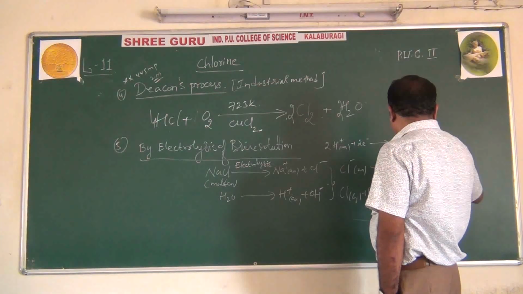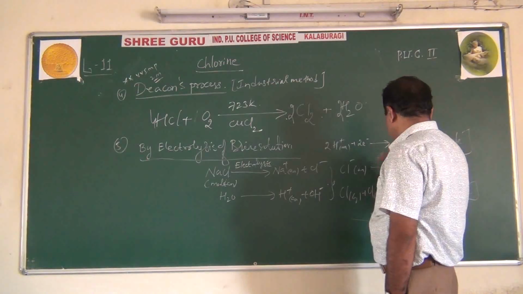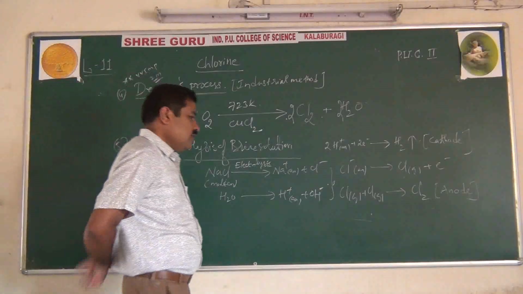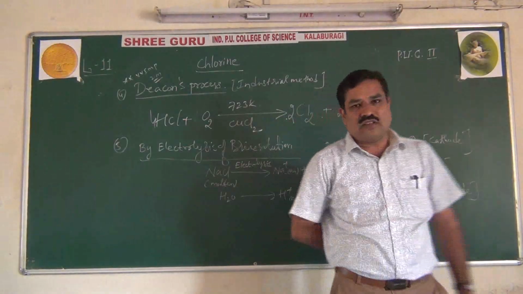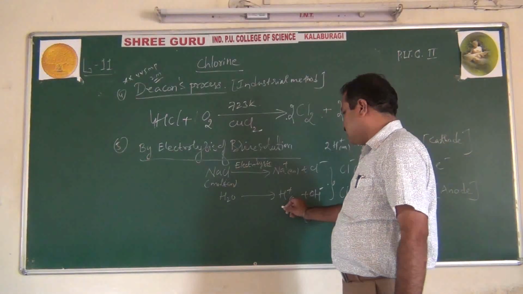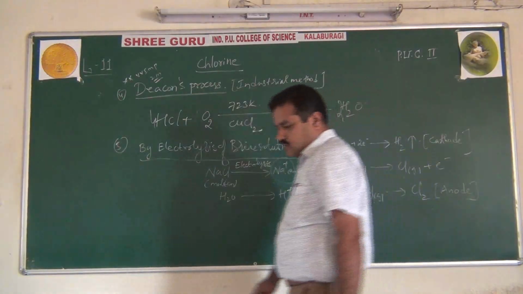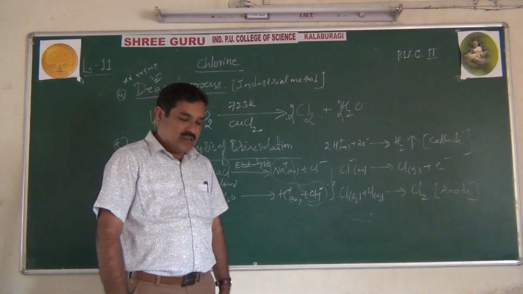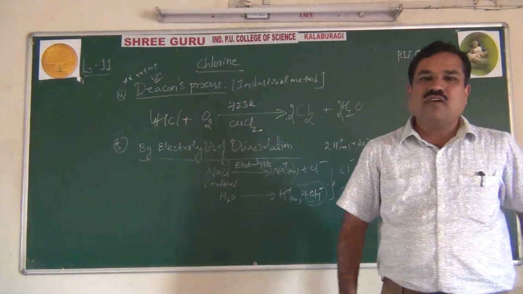Okay, this is the cathode, and this is the anode. That means at the anode, chlorine gas is liberated and hydrogen gas is liberated at the cathode. That means one of the byproducts, chlorine, gets liberated at the anode during the electrolysis of the brine solution. Then whatever remains is Na plus and OH minus. Later they combine with themselves to form caustic soda, sodium hydroxide, and this method is called Nelson cell method of preparation of sodium hydroxide, caustic soda, which was studied in S block elements.